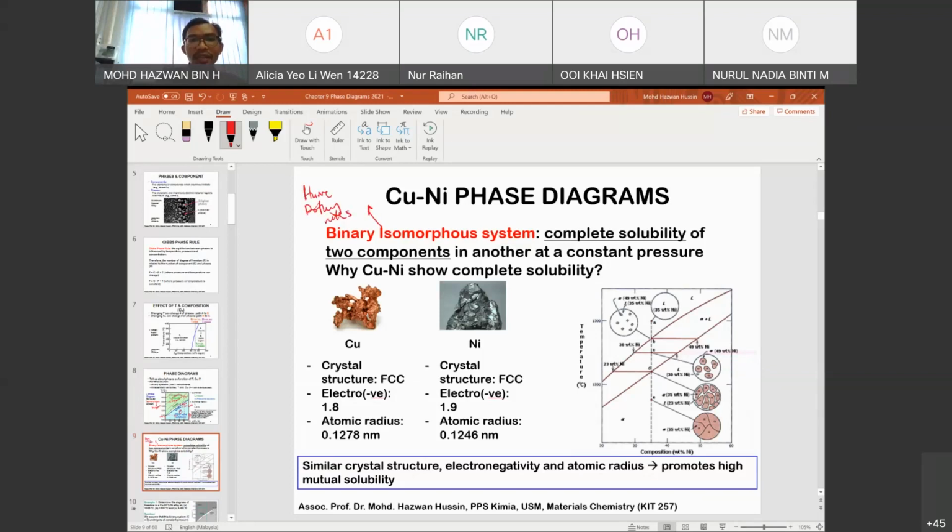Okay, so anyone still remember what will be the main points in Hume Rothery rules? Number one. Okay, I want to ask Solawatul, Syifa. Solawatul, are you there? Yes, doctor. So what is the first point in this rule? I don't remember, doctor.